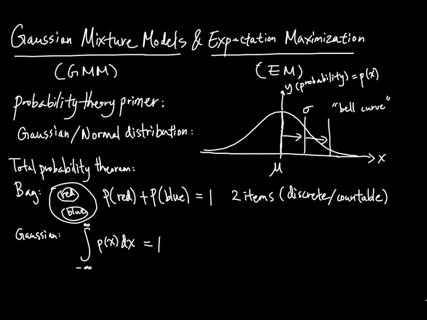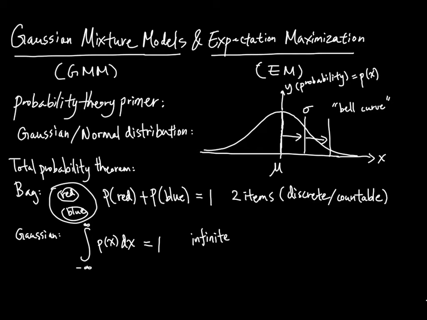So here, this is infinite items. Imagine you taking some balls out of the bag and there's uncountably many infinite items. I don't want to get into whether it's uncountably infinite or countably infinite. It's just like real numbers versus integers. But let's not get into that.